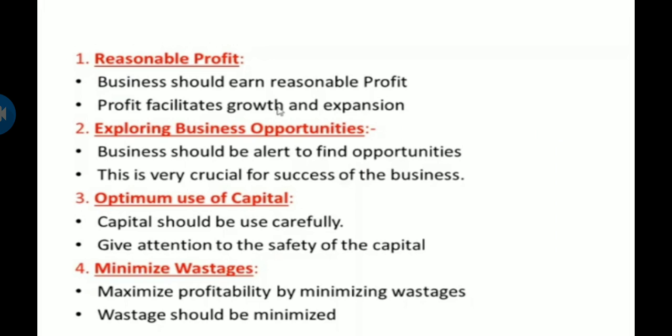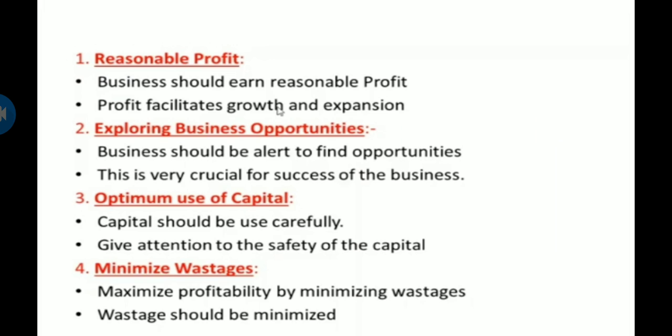That's why it is so important for every business to earn maximum profit. It is desirable that business earn reasonable profit since profit facilitates growth and expansion as well as brings financial stability. That means for stability purposes also there is the need of profit.